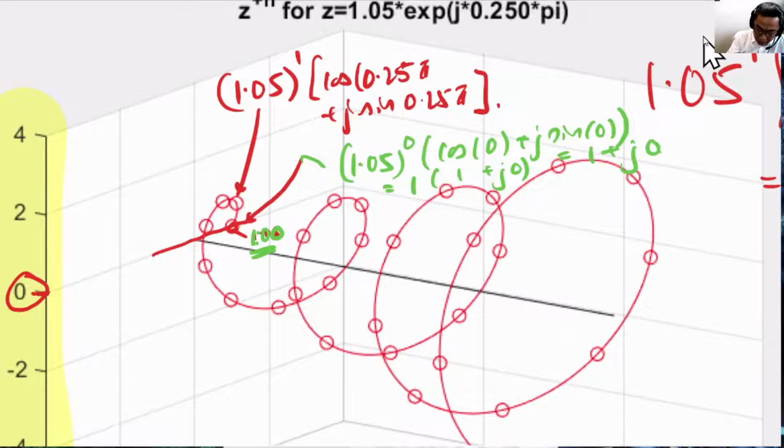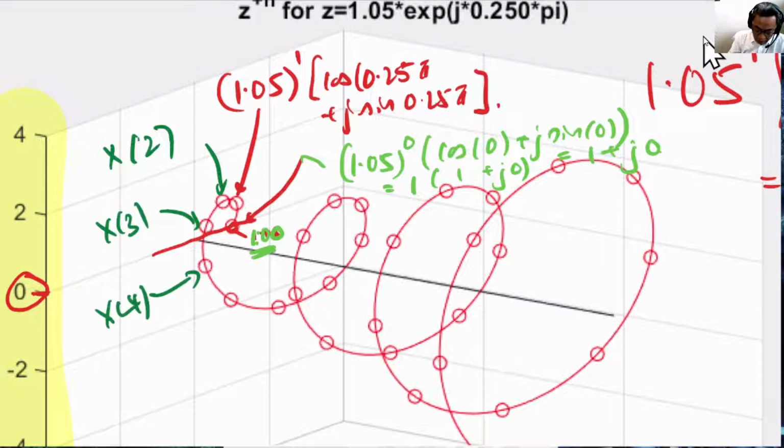You can then track the next element. This is, for example, x2. This is x3. This is x4. And so on and so forth. The interpretation is that it is a complex exponential rotating in the clockwise direction, and it becomes bigger and bigger due to 1.05 to the power of n.